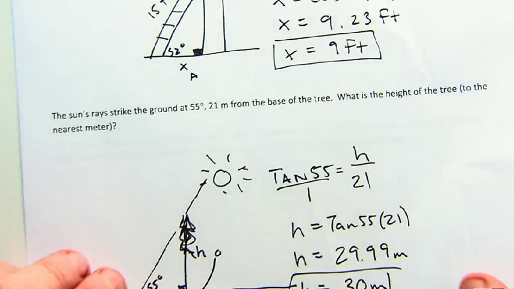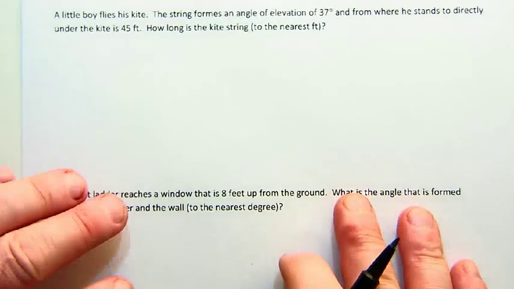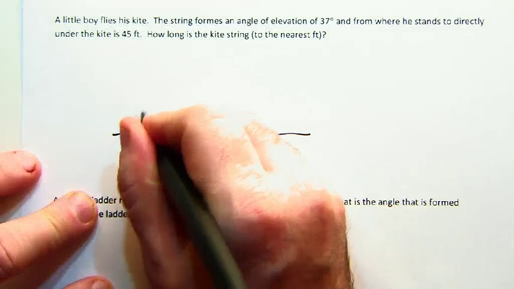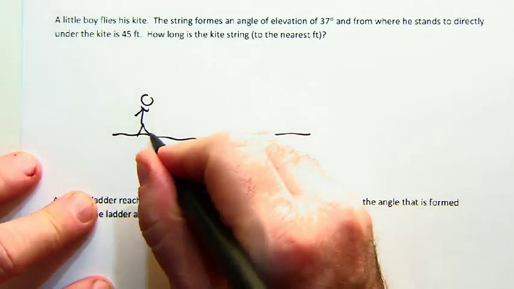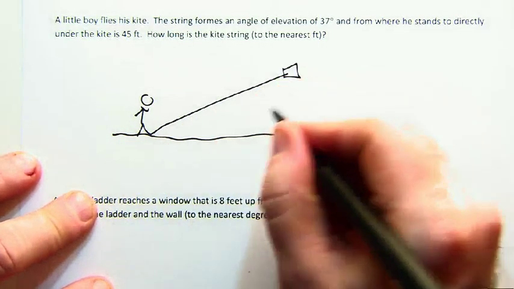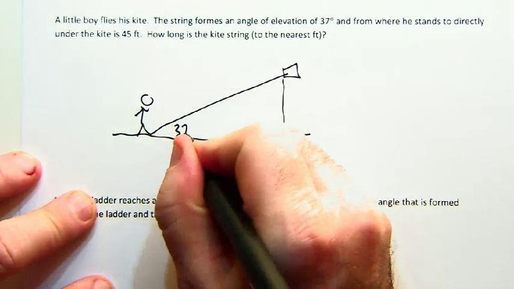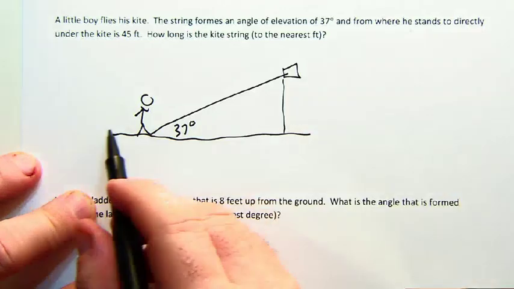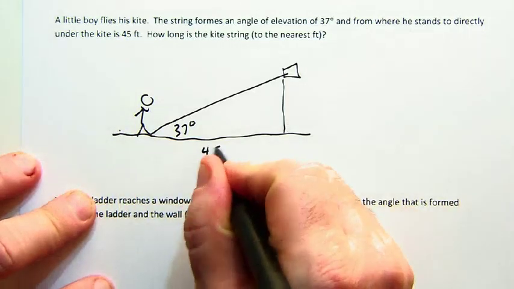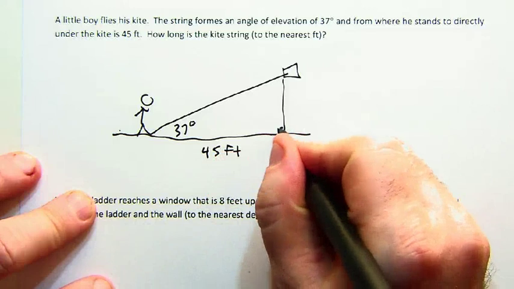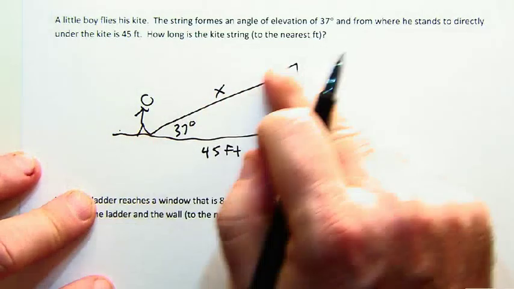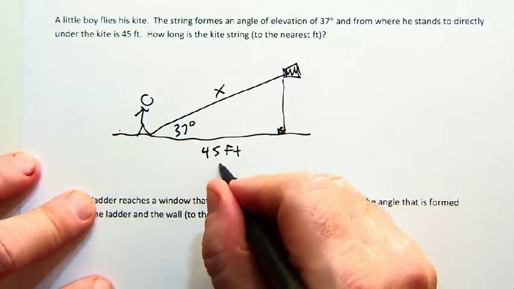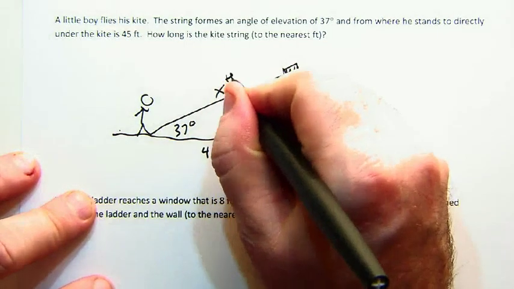Okay, keep going. I want to get a couple of the varieties in here, so I'm moving quickly. Little boy flying his kite. Here's our little boy. He flies his kite. I'm going to tie it to his toe to make it easy. It's an angle of 37 degrees. From where he stands to directly under the kite is 45 feet. And it says, how long is the string? Here's our string to our kite. This is our adjacent and this is our hypotenuse.